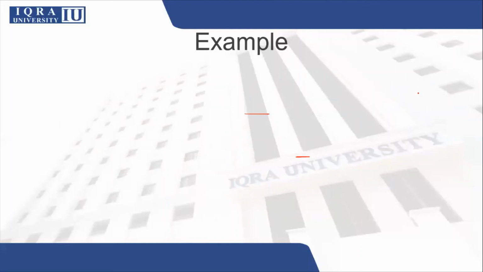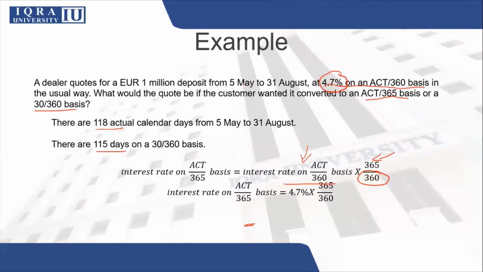So you will count the days from 5th May. June, July, August. August is till 31st, so till 31st August. June has 30 days and July has 31 days.